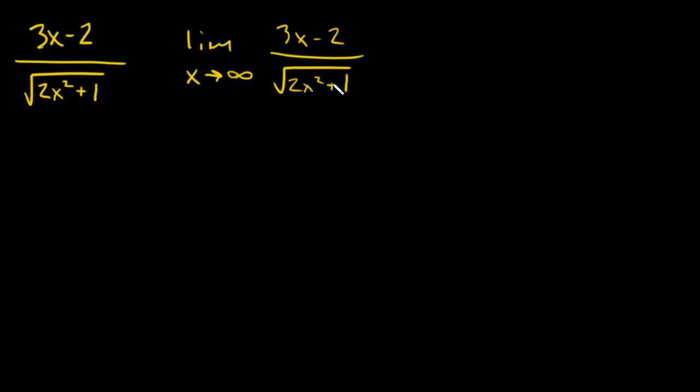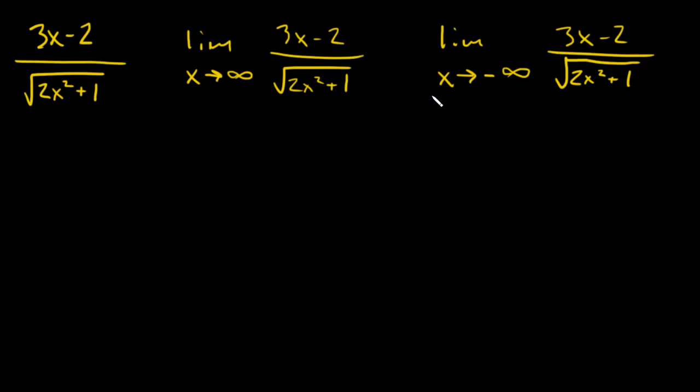I'm also going to put the limit as x approaches negative infinity of 3x minus 2 over root 2x squared plus 1. Okay? Well, I need to look at both behaviors. I need to know what happens at the far left and the far right, what the behavior settles down to.